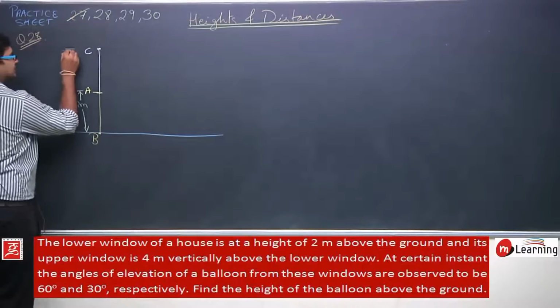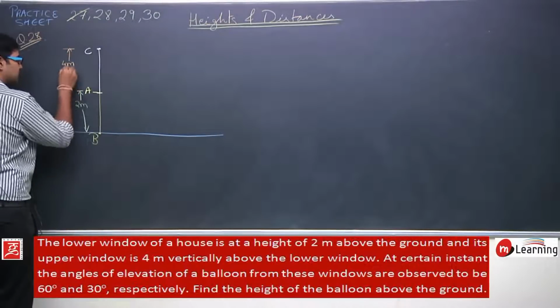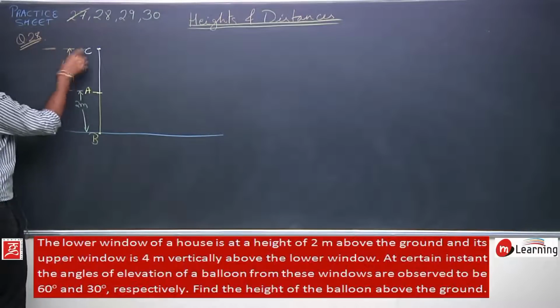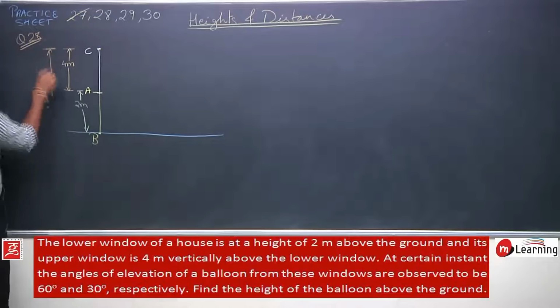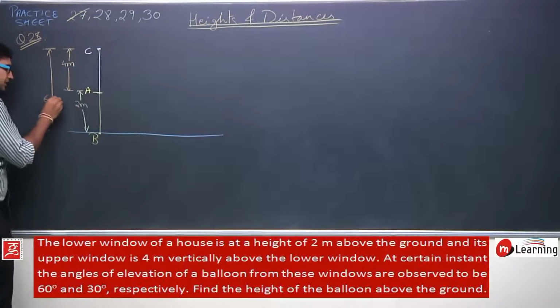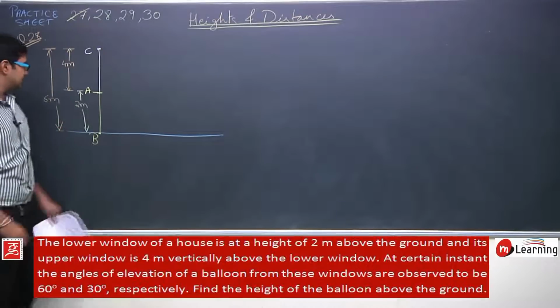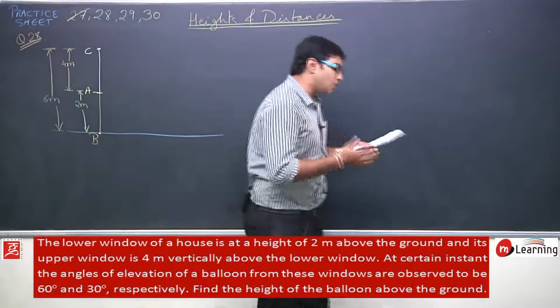So this distance is given as 4 meters. What is the overall height of this upper window from the ground level? It is 4 plus 2, that is 6 meters. So this is what we can conclude till now.